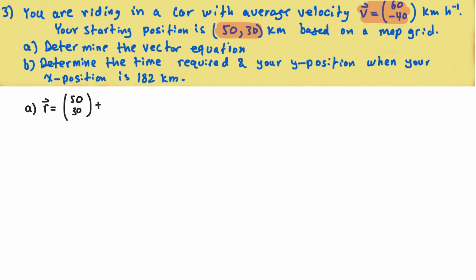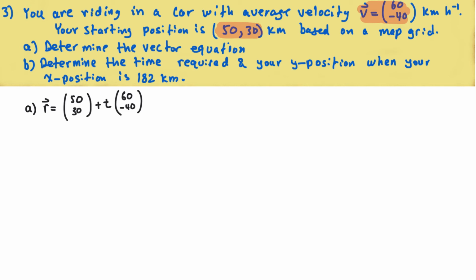That gives us the direction it's traveling every hour, so we're going to multiply this by time. In 1 hour, it will travel 60 and -40. If we increase our time to 2 hours, it has traveled 120 in the x direction and -80 in the y direction, and so on.